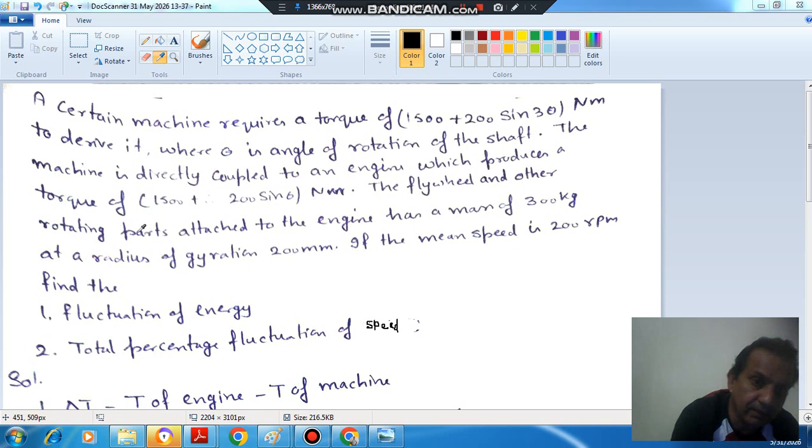The flywheel and other rotating parts attached to the engine have a mass of 300 kg at a radius of gyration of 200 mm. If the mean speed is 200 rpm, find the maximum fluctuation of energy and the total percentage fluctuation of speed.